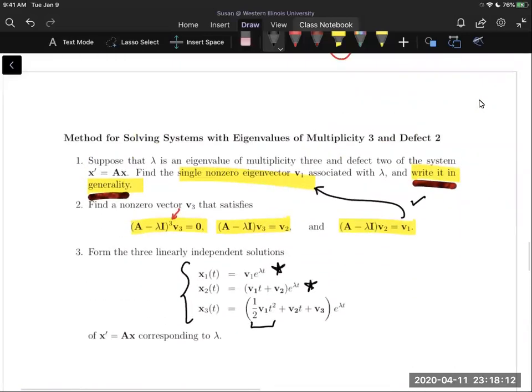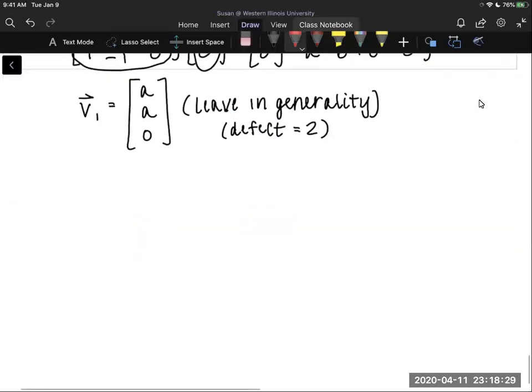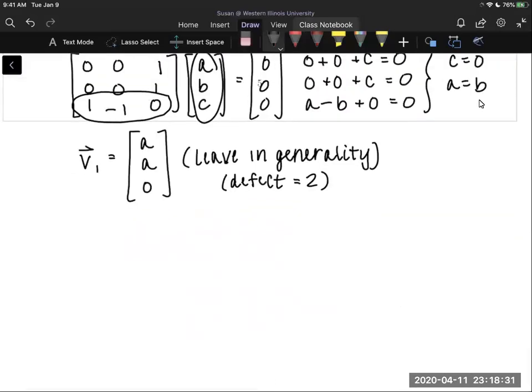So the first formula that we want to work with is this one. I want to take (A minus lambda I) cubed times some v3 and make it equal 0. So the question becomes, what is (A minus lambda I) cubed?